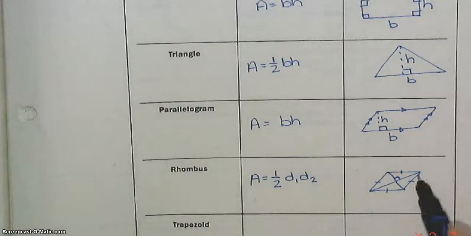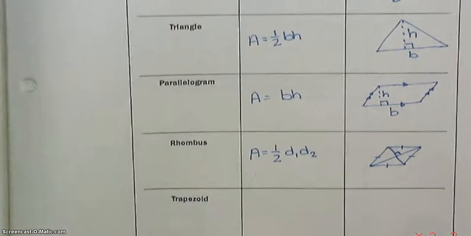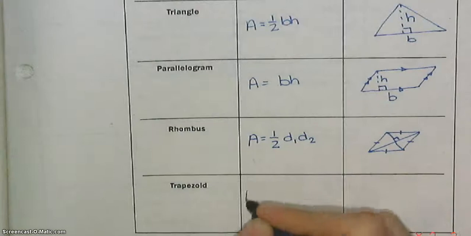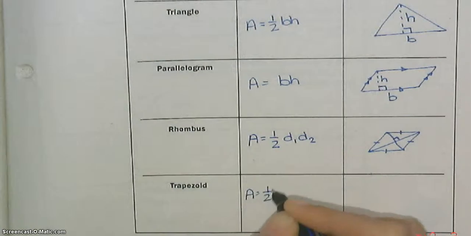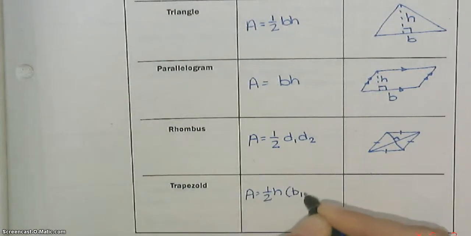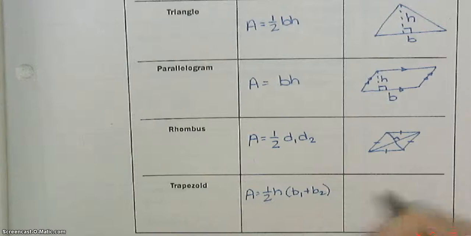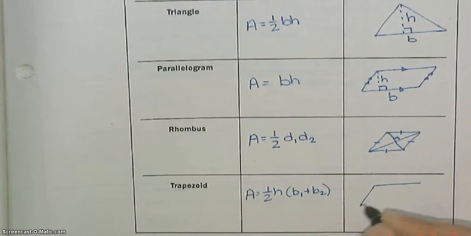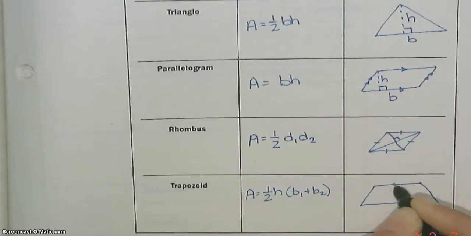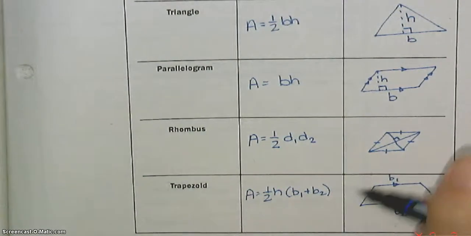The whole thing. And then trapezoid is what we learned today. Formula is area equals 1/2 the height, base 1 plus base 2. Okay, let's draw a trapezoid. One set of parallel sides. So this is one of the bases. Here's the other base. And once again, the height has to make a right angle.